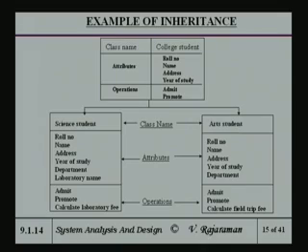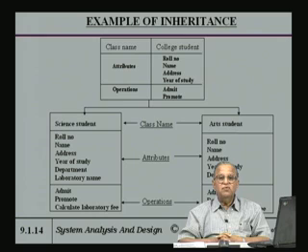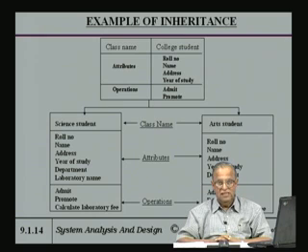Normally the science student has lab fee and the art student does not have lab fee. So there is a calculation of lab fee, but in general the two different student classes, namely the art student and science student, may have different fee structures.